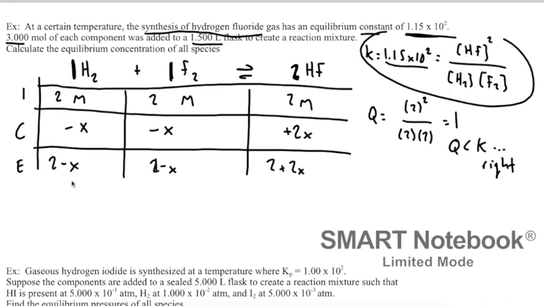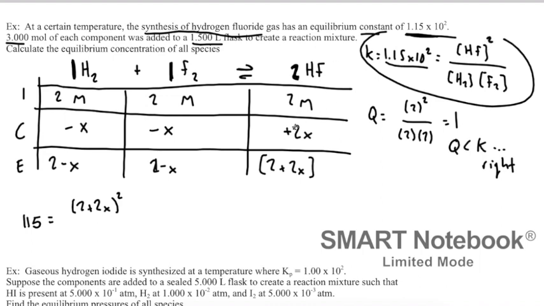1.15 times 10 to the second is just 115. So I'm going to simplify that. Equals 2 plus 2x squared. Do not forget that you still have to square it because this is the equilibrium concentration of HF. And because there's a 2 right here, my K expression has that squared.